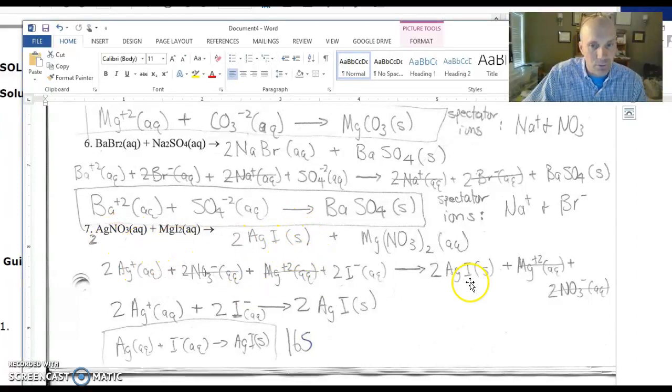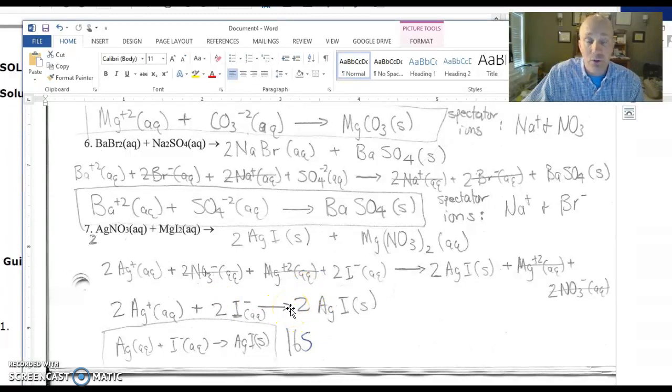So breaking things apart into their ions, your nitrates would cancel out, your magnesiums would cancel out, and bringing everything down that doesn't change would give us the following reaction. The reason I'm not going to call this the finished net ionic equation is because if you look at the coefficients, we have 2 of these combining with 2 of these to make 2 of these.